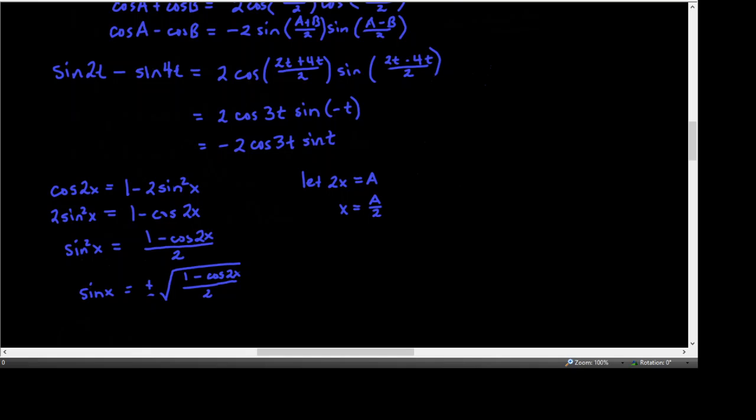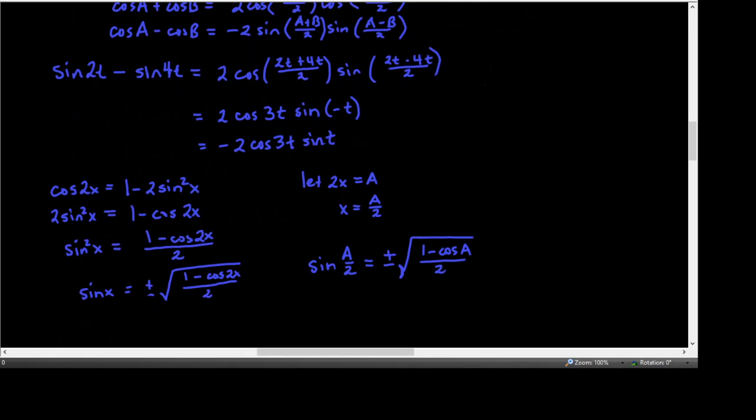So if we did a substitution, the sine of the half angle, a over 2, is plus or minus the square root of 1 minus cosine of 2x, which is what we called a, divided by 2.